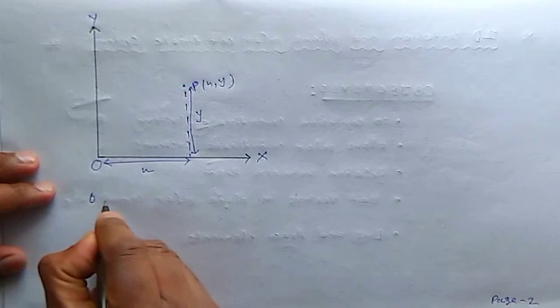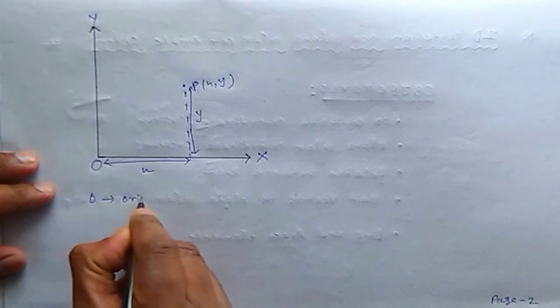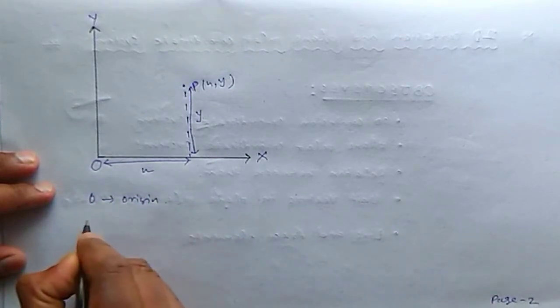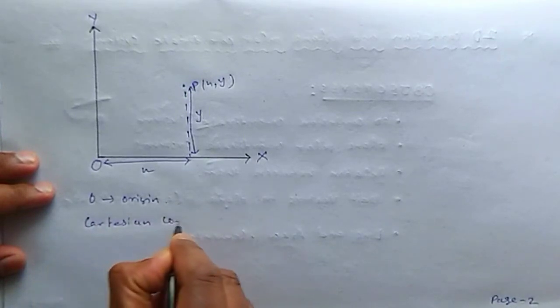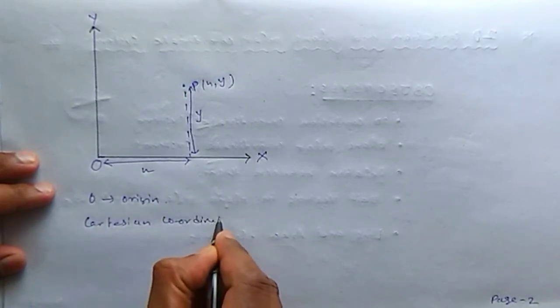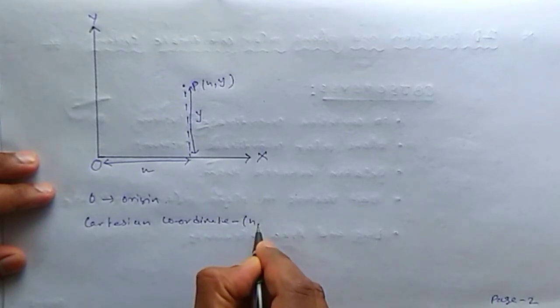So O is the origin and the Cartesian coordinate is x, y.